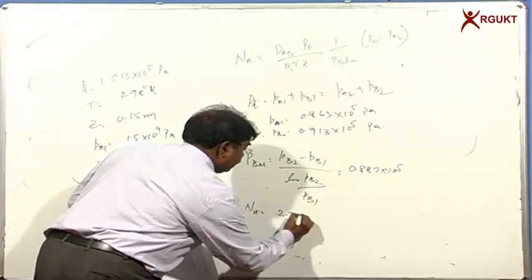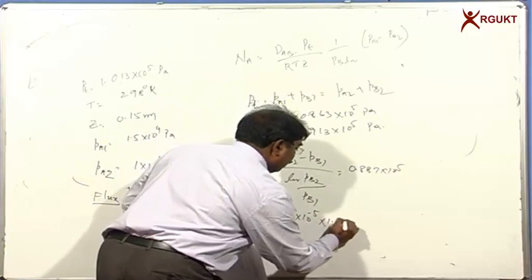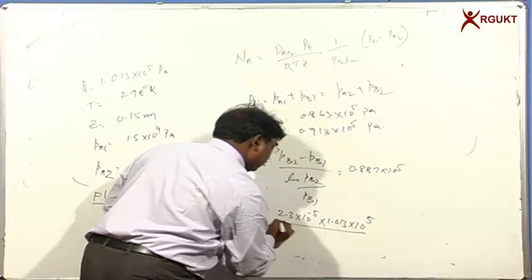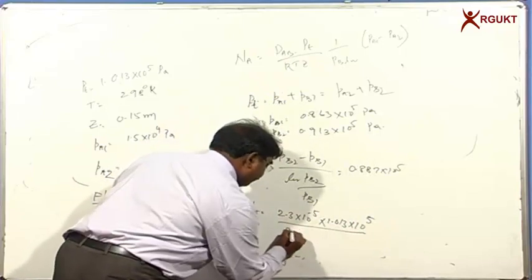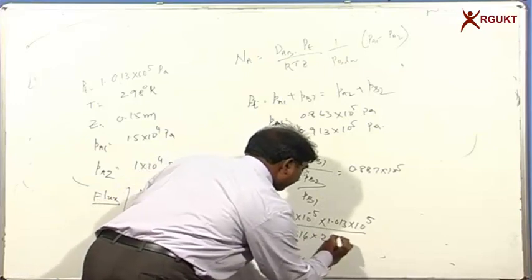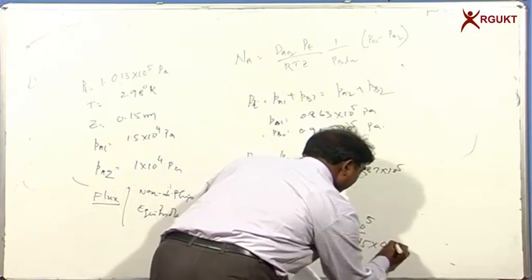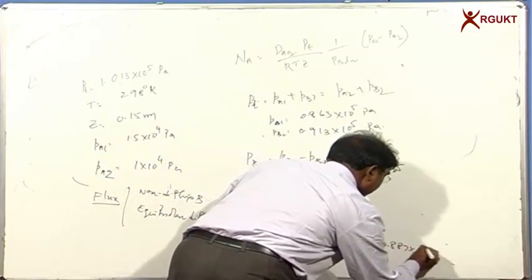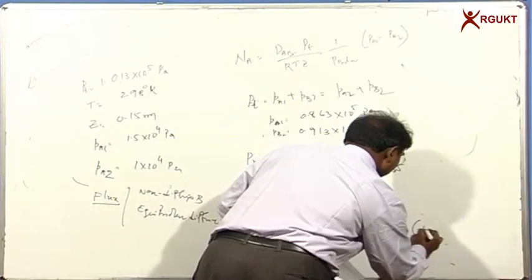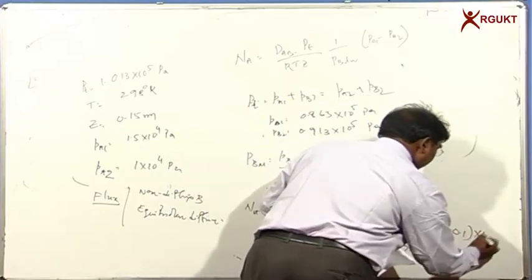Now the flux NA is equal to 2.3 into 10 power minus 5 into 1.013 into 10 power 5, divided by 8.314 into 298 into 0.15 into 0.887 into 10 power 5, into 0.05 multiplied by 10 power 5.